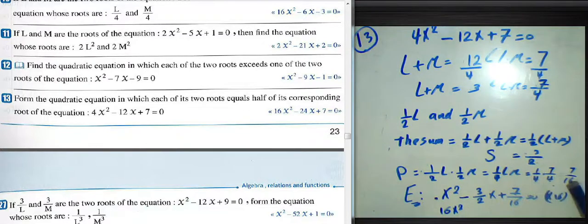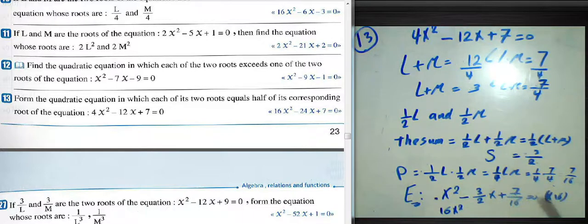So we can write the equation x power 2 minus 3 over 2 x. It was the sum, which was 3 over 2. We write negative here and x behind it, plus the product of the two roots, 7 over 16.